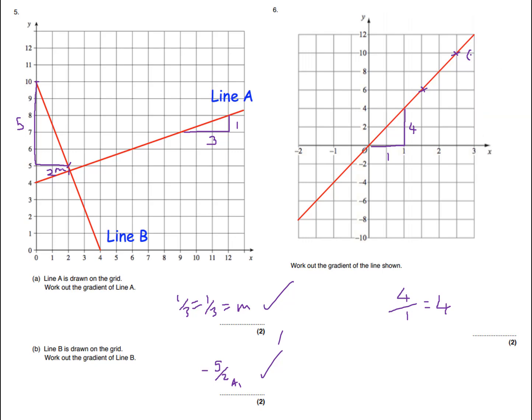Oh, it's not such a nice one, but that x coordinate is 2.5 and the y coordinate is 10. So imagine they could give you a question, what's the gradient between those 2 points, and this is 1.5 and 6. Now the gradient formula is y2 minus y.